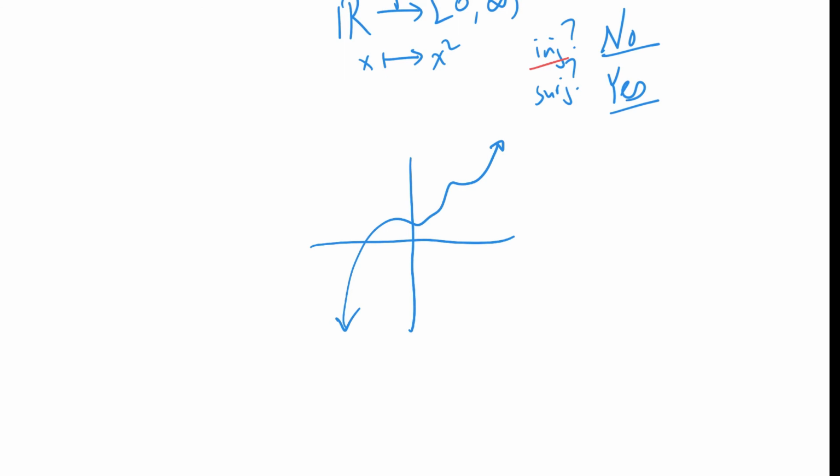You know this from Algebra 2. So if I can draw a horizontal line, think about this. This horizontal line hits the graph twice. So in other words, here's an x1 and here's an x2. f of x1 equals f of x2, doesn't it? Because of the same y value. But does x1 equal x2? No, it does not. That's why this thing is not injective.